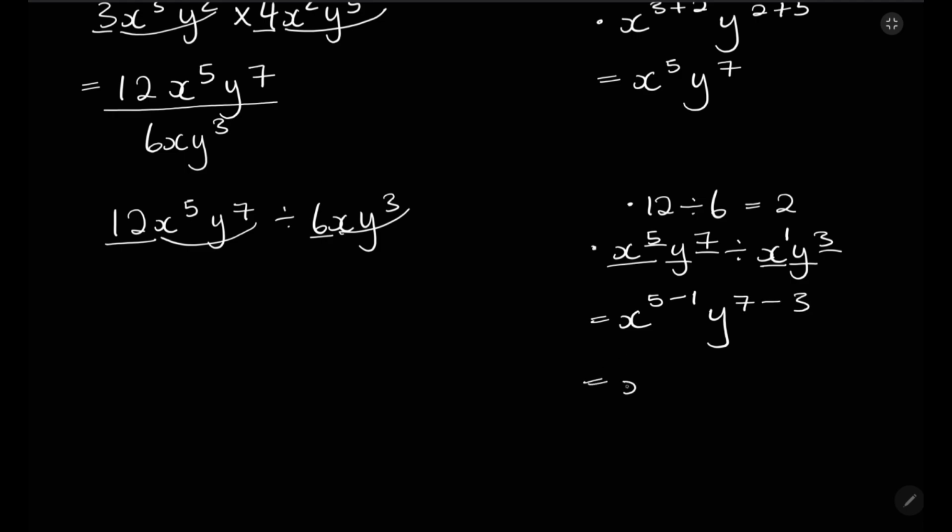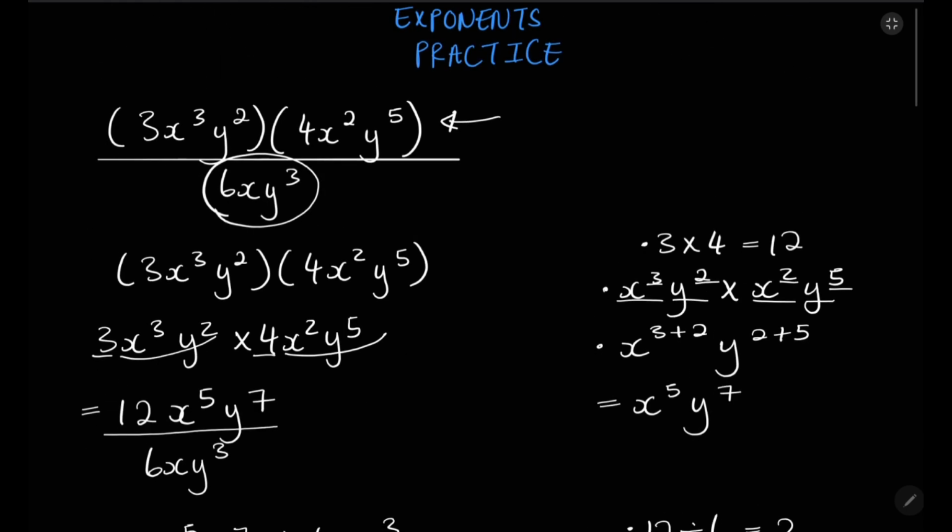Therefore, our variables are x to the power 4, because it's 5 minus 1, and y, 7 minus 3 is equal to 4. So our final answer is, remember we did 12 divided by 6, I forgot to write down the 2, it's 2, then our variables, x to the power 4, y to the power 4. And that is how we solve under the laws of exponents.